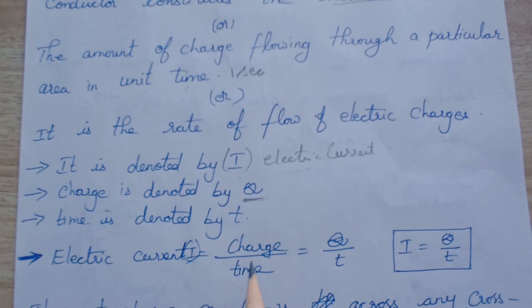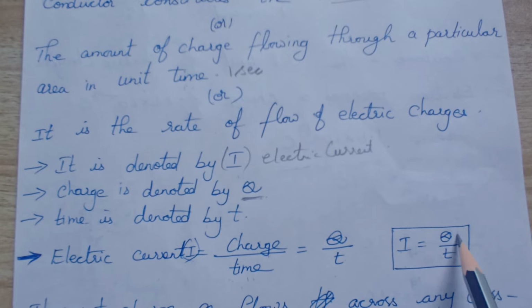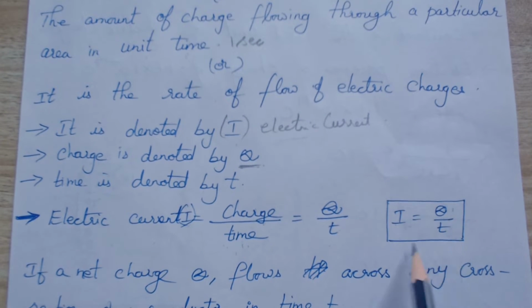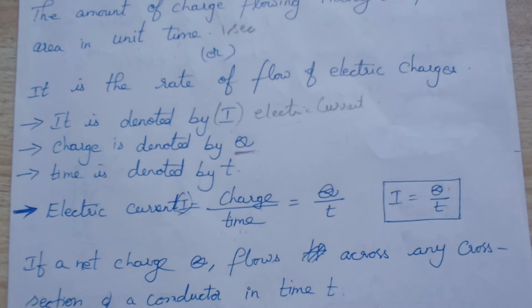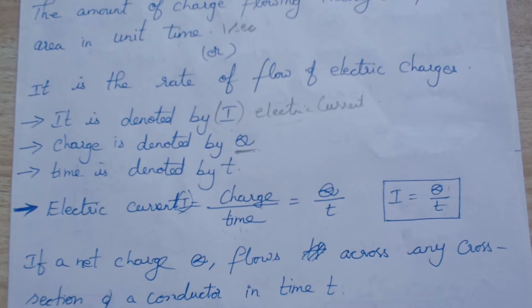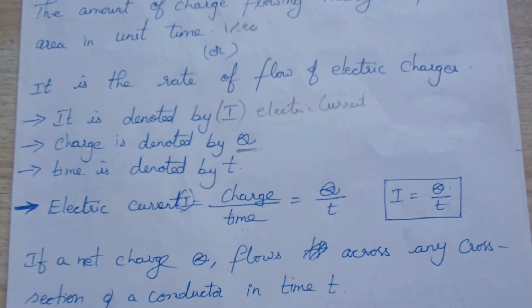Charge is denoted by Q and time is denoted by T. So I equals Q by T, where I is electric current, Q is charge, and T is time. This electric current is given when a net charge Q flows across any cross section of a conductor in time T.